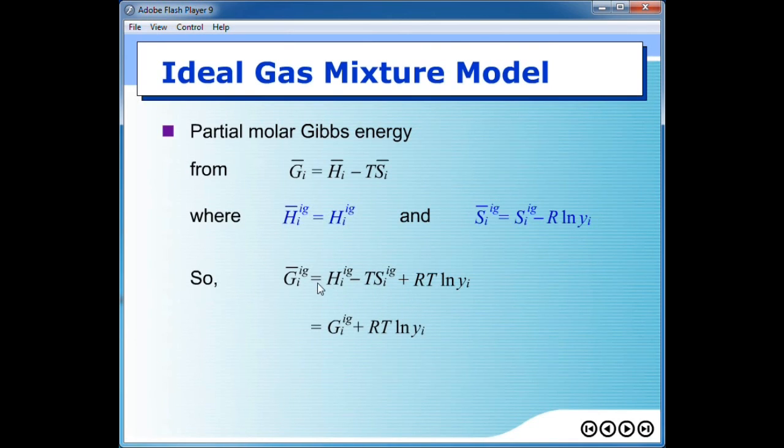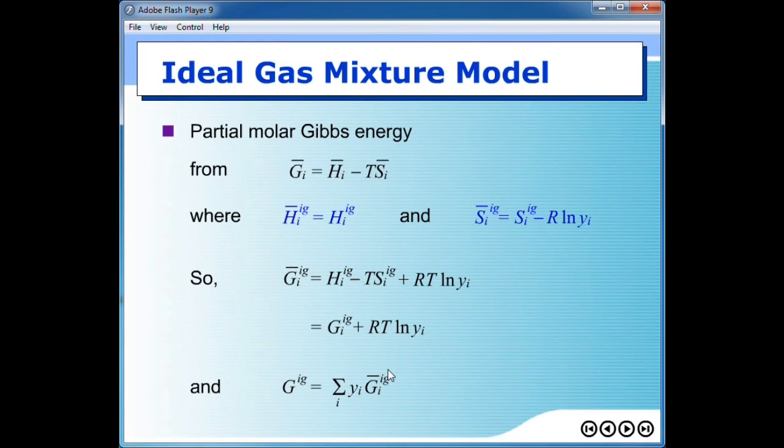Then these two terms combined, according to the definition of Gibbs free energy, give you the Gibbs free energy of the pure species. So using the summability relation, the molar Gibbs free energy of the mixture, no subscript here, can be calculated based on the partial molar Gibbs free energy, and the partial molar Gibbs free energy can be calculated based on this equation.